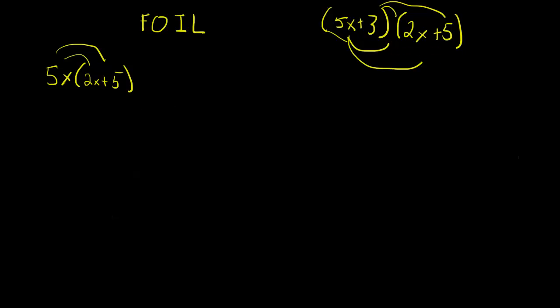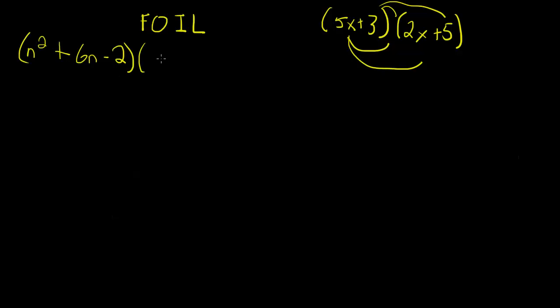So if we had something like a trinomial, and we wanted to multiply it by something else, let's leave this up just for reference, and we have something like n squared plus 6n minus 2, and we're going to multiply that by a binomial, like n plus 4.